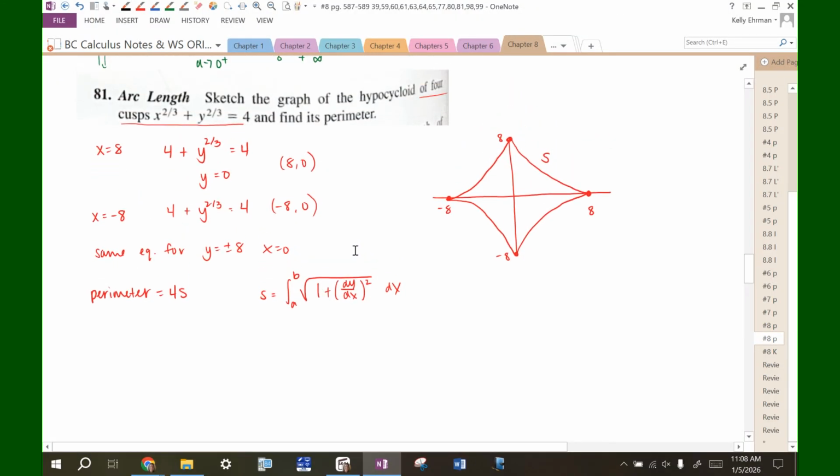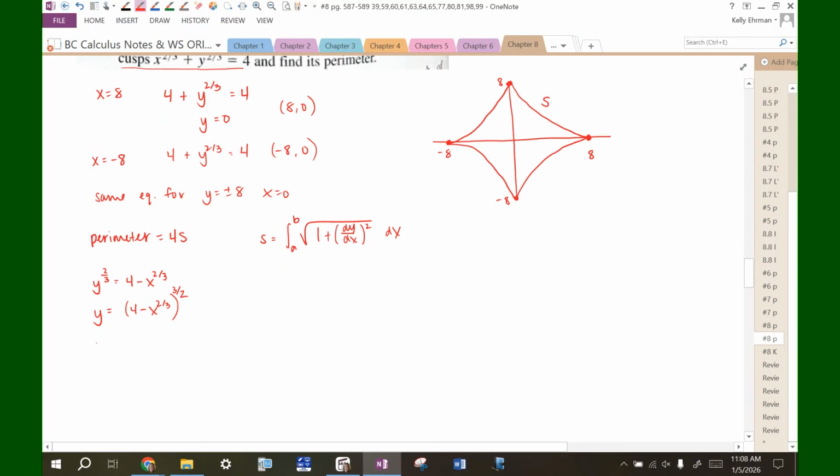So let's go over here. We have x to the 2/3. Let's make it y to the 2/3 equals 4 minus x to the 2/3. And then we would need to solve for y. I'm going to take 4 minus x to the 2/3, and raise that to the 3/2 power.